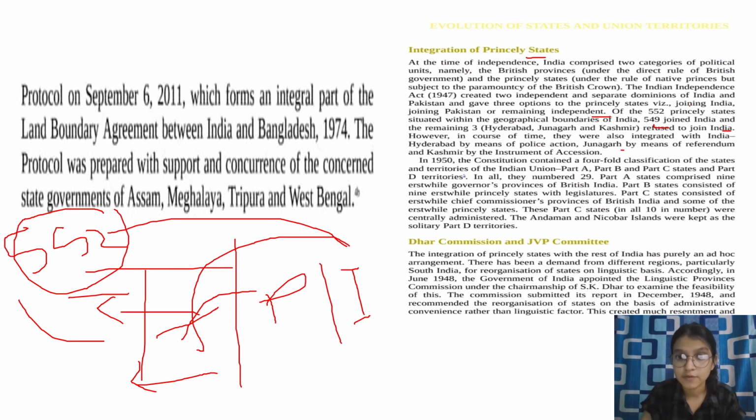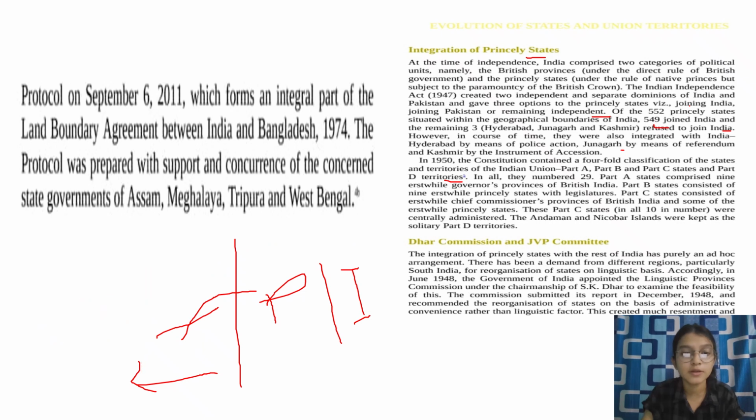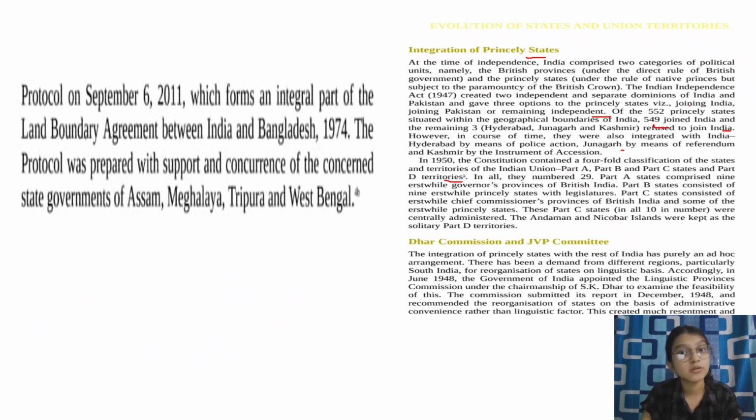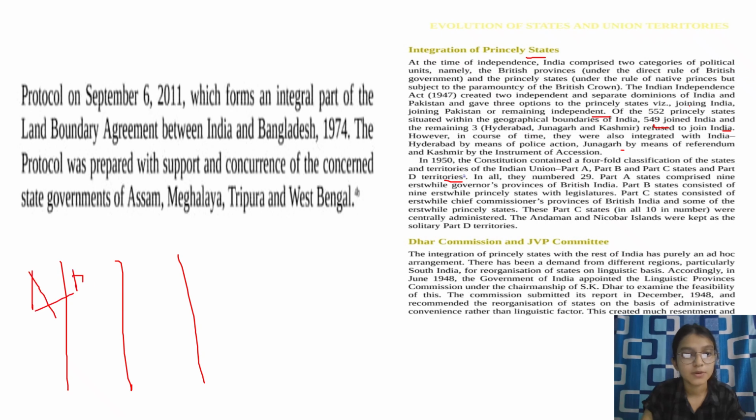In 1950, the Constitution contained a four-fold classification of the states and territories of the Indian Union: Part A state, Part B state, Part C state, and Part D territory. So this is all about how we got our independence, how India and Pakistan got divided, and what the status of the princely states was. After that, the classification was made: A, B, C, and D.